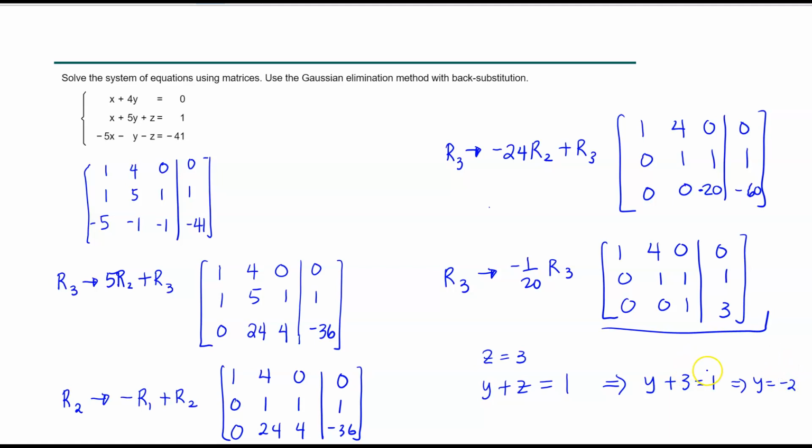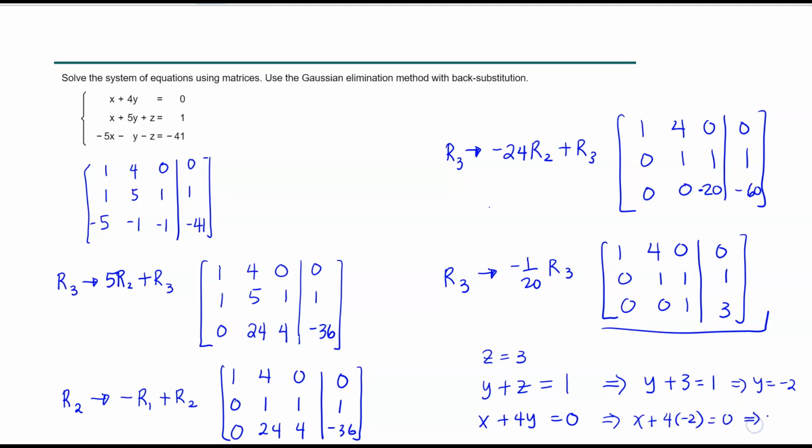You transpose that to the other side of the equation, or you subtract 3 from both sides. Now the first row is represented as X plus 4Y equal to 0. We already have the result for Y. Y is negative 2, so X plus 4 times negative 2, which is negative 8, is equal to 0.